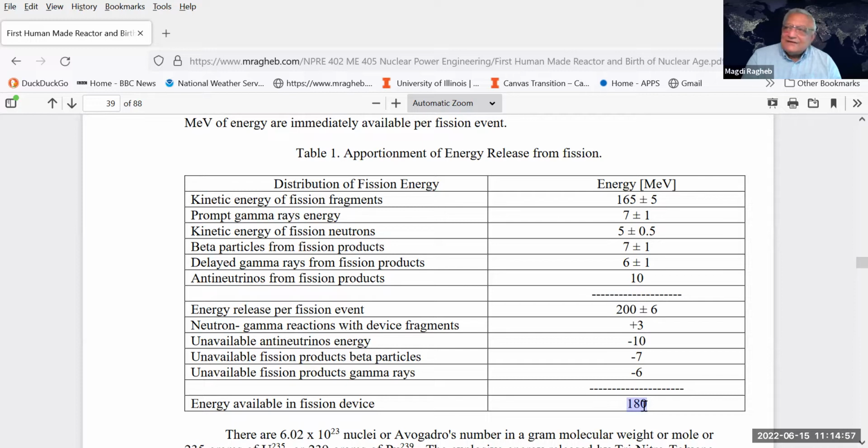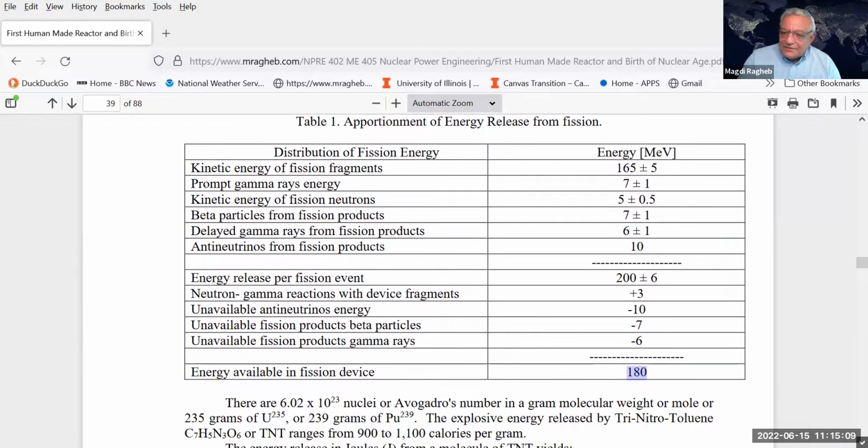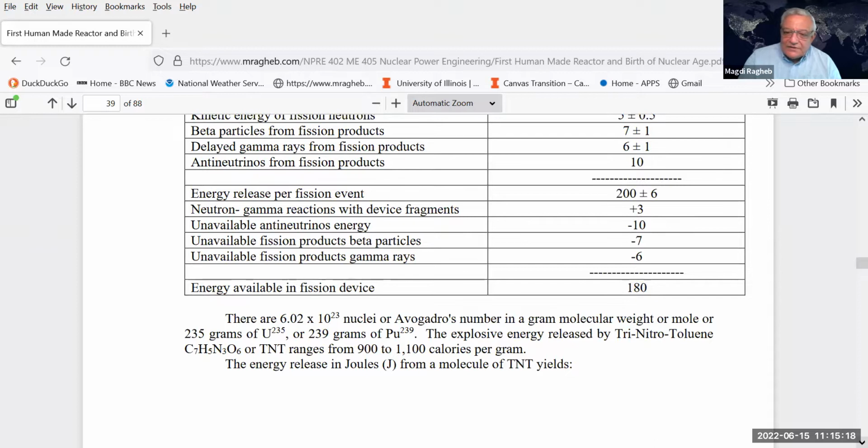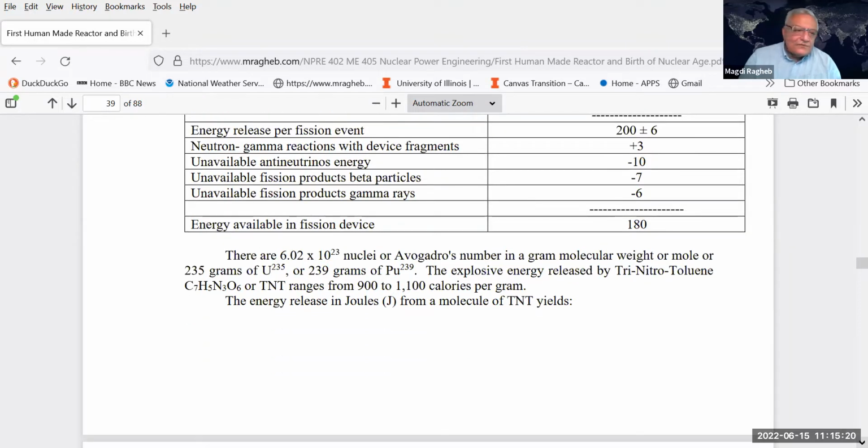This is a tremendously large amount of energy that is contained in the nuclei rather than in the atomic processes. And that tells us really how important the nuclear energy processes that we humans have discovered are to humanity in general.